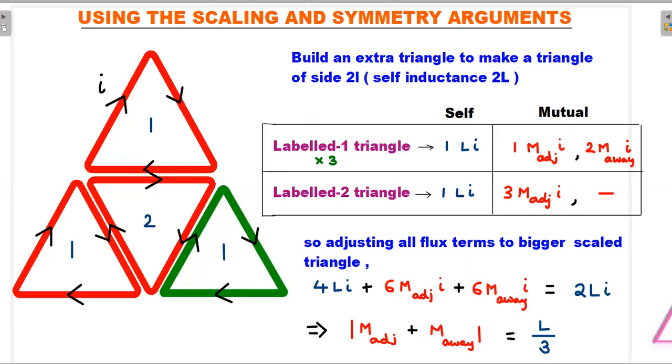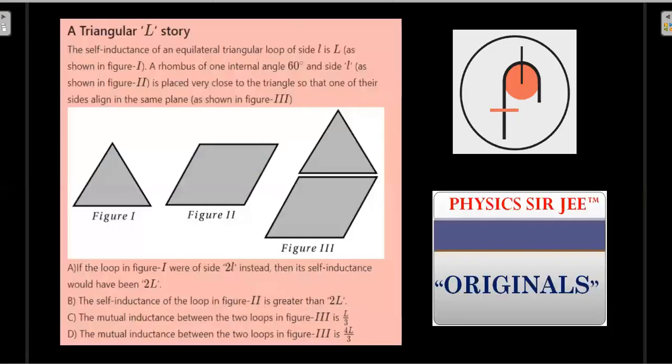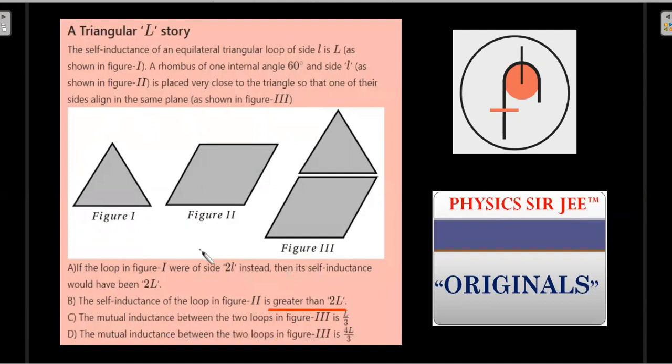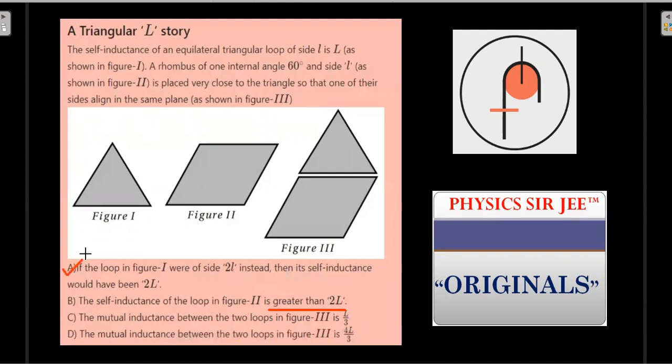So we also got an idea to solve for the second option, and that would be that it is less than 2L and not more than 2L. You could see this greater than 2L would be a wrong option. Let me mark it in red. Yeah, this one should have been less than 2L. Okay, so keeping all these things in mind, the correct answers are A and C in the exam.